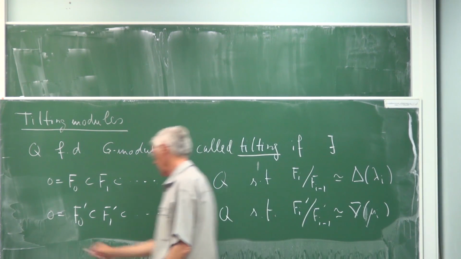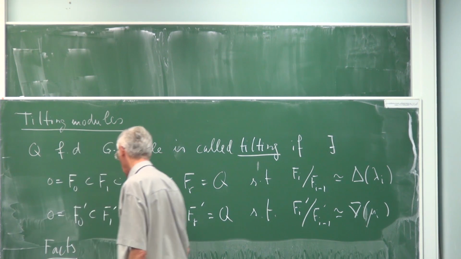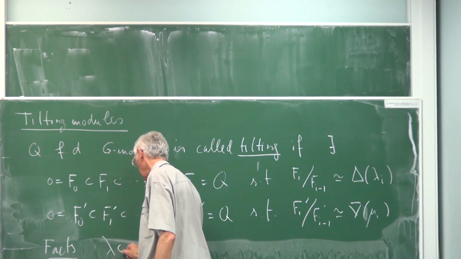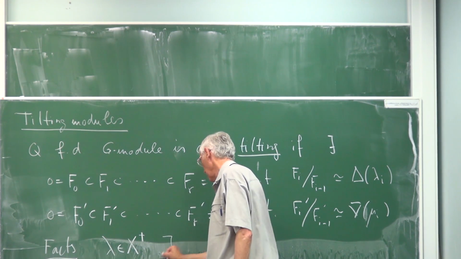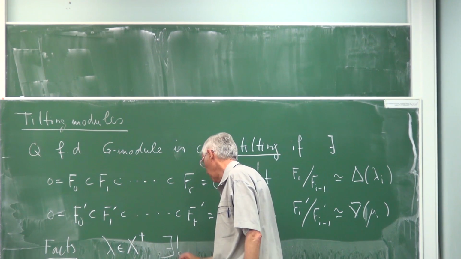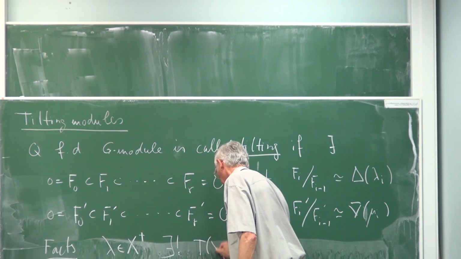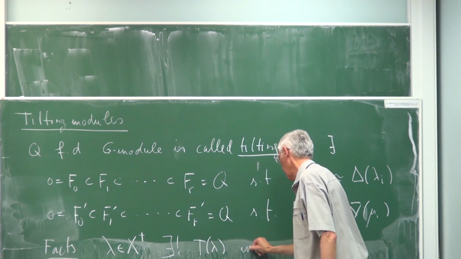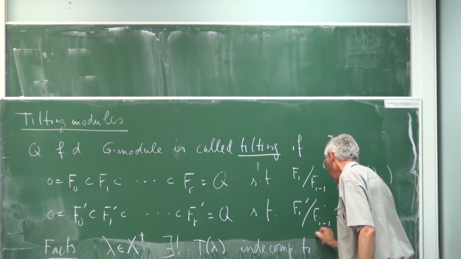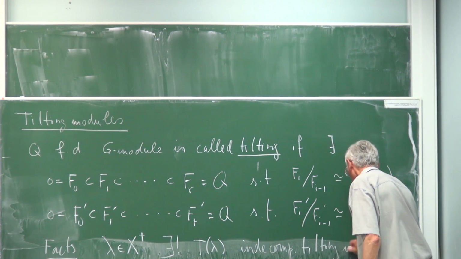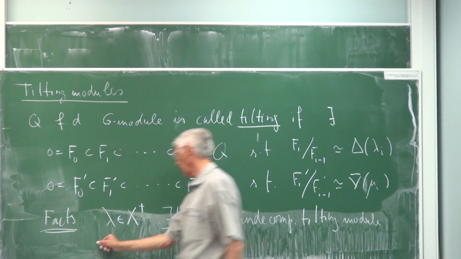And one of the facts that I'll be using is that when again I give myself a dominant weight lambda, then there exists a unique up to isomorphism indecomposable tilting module T lambda with highest weight lambda.